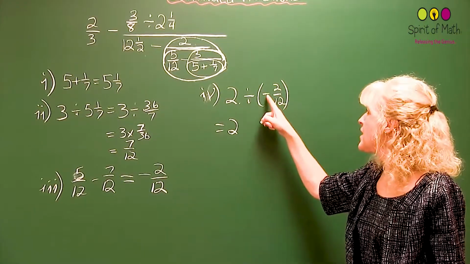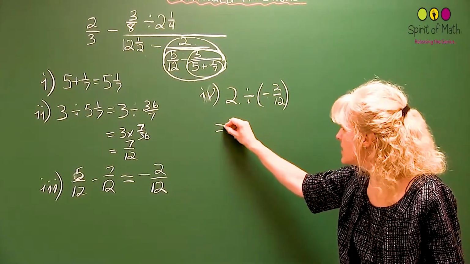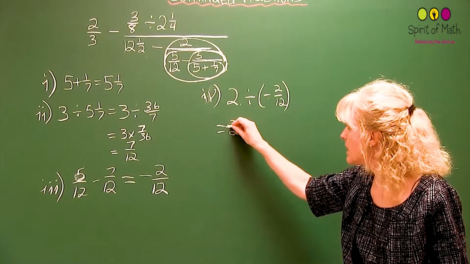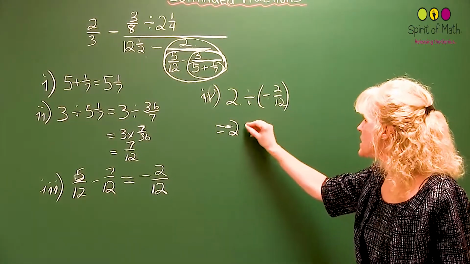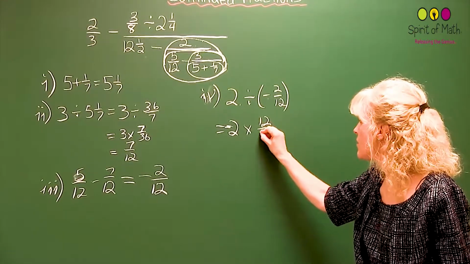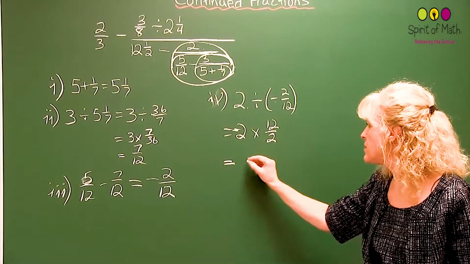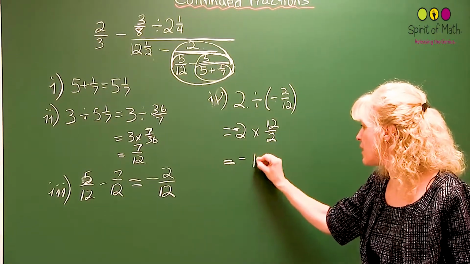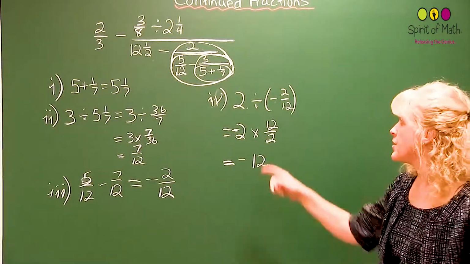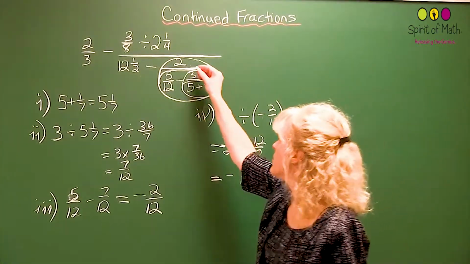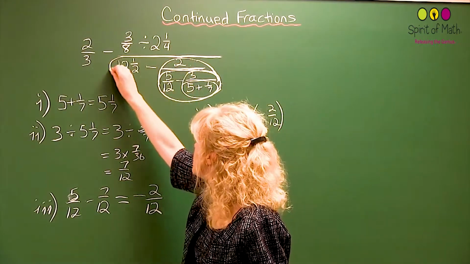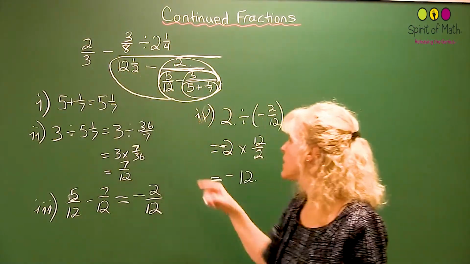First of all, let's take care of the negative. It's equal to negative 2. So you've got a negative there. And times it by 12 over 2, which would be 2 times 12 over 2 is just negative 12. Okay, so you've got this done. Now you want to figure out all of that. So now you've got 12.